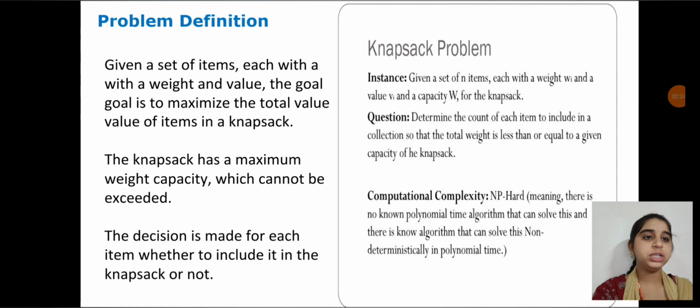Computational complexity: NP hard means there is no known polynomial time algorithm that can solve this, and there is no algorithm that can solve this non-deterministically in polynomial time.